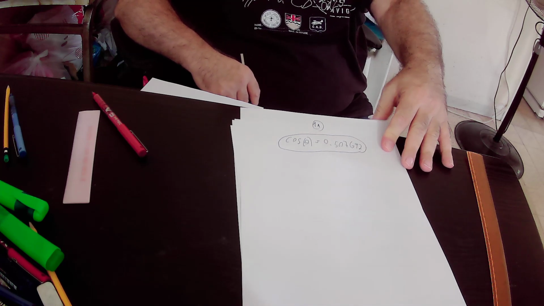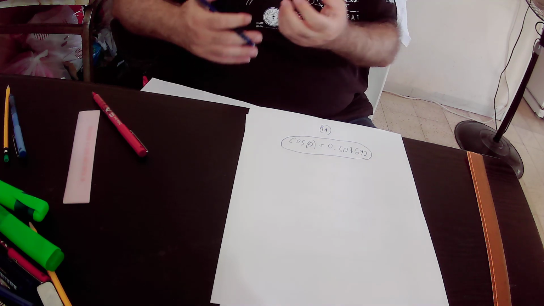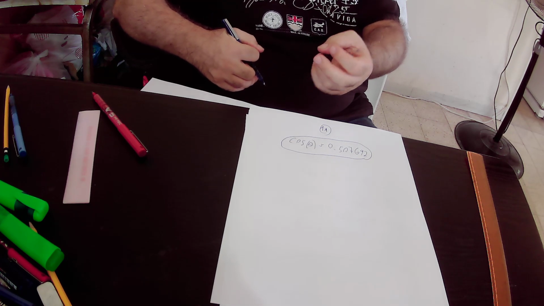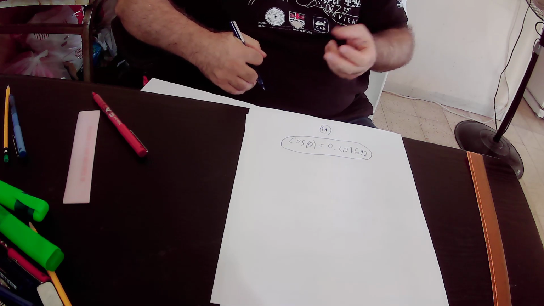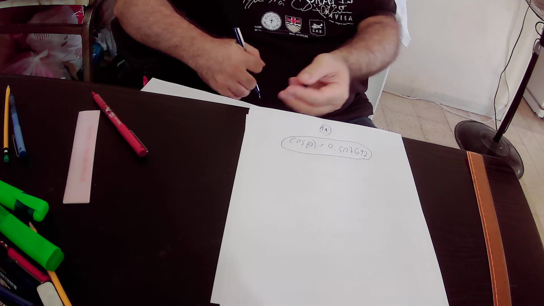Now, in order to find the value of theta, we will use the inverse function of cosine. The inverse function of cosine is arc cosine.